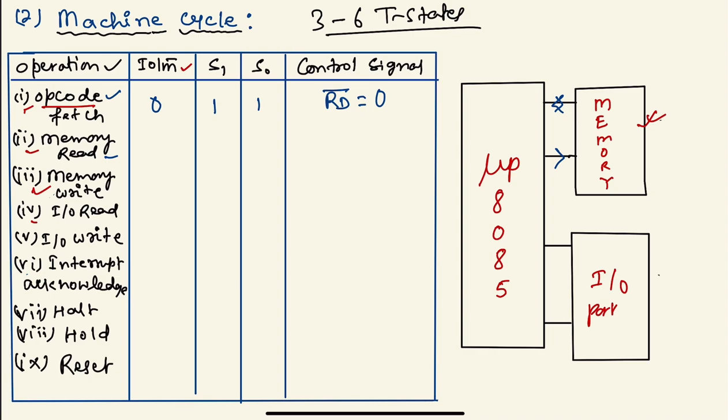Now, what does memory reading mean? For example, let's say the instruction is MVI B, 07H.